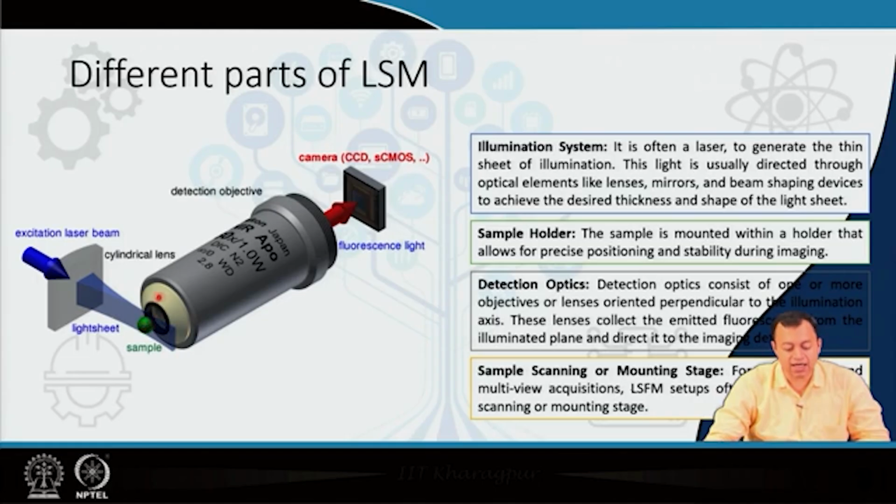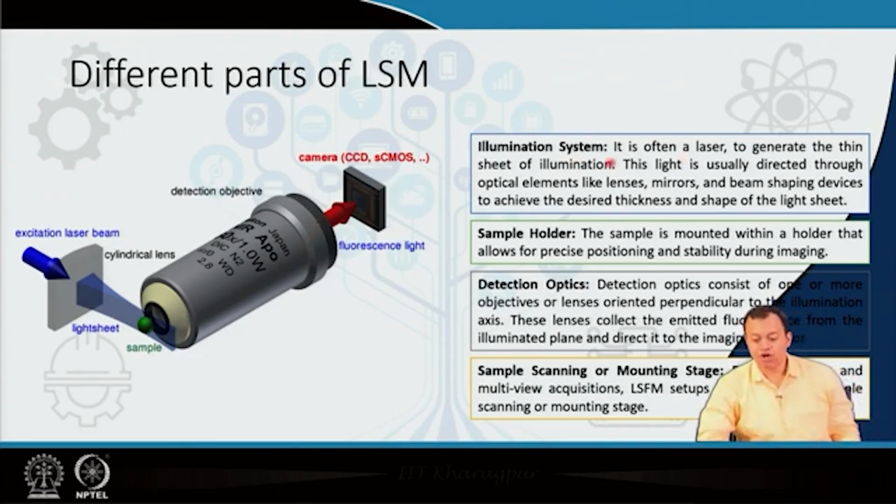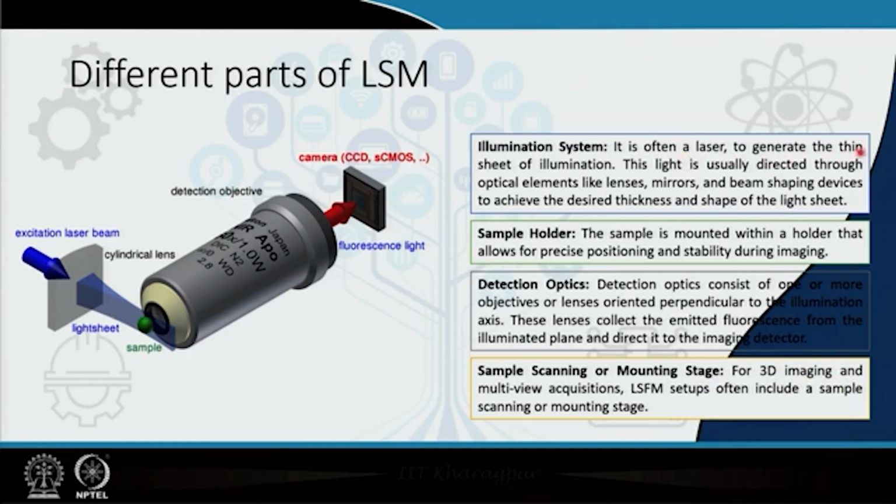The scattered light is collected orthogonally at 90 degrees. This is the direction of the plane of the excitation light. So, if this is the z direction, this is, I do not know, y direction or x direction, whatever, and this is collecting it. So, the illumination system is often a laser to generate the thin sheet of illumination.